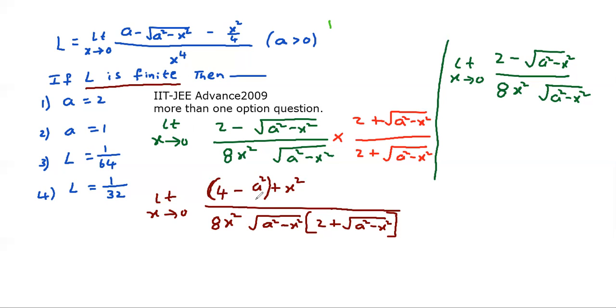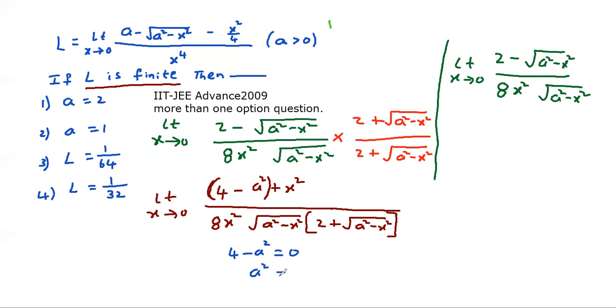If 4 minus a square remains in the question, then we get an infinite result only. To make it finite, erase or neutralize that 4 minus a square. Got it? Yes. Now to make it finite, definitely this 4 minus a square should be equal to 0. Okay. This is an important one.